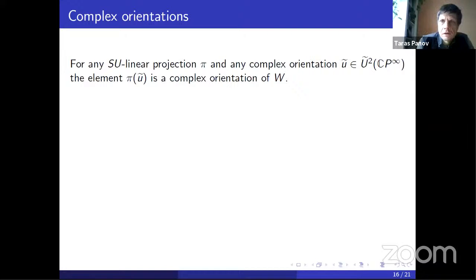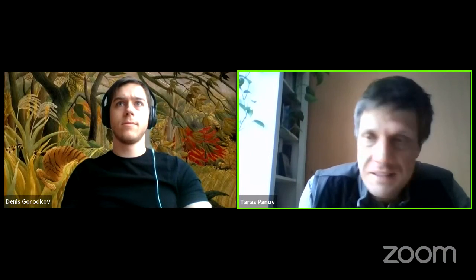Georgi, we can't hear you. Hello? Denis? Yes, here. Georgi seems to have disappeared, or is it me? Hello, Taras Evgenievich, can you hear me? Yes, yes. Yes, his electricity was cut off. Oh, all right. So we have a problem. There was a kind of blackout at the place where George is living, so he cannot access internet at the moment. We can wait a couple of minutes, maybe.